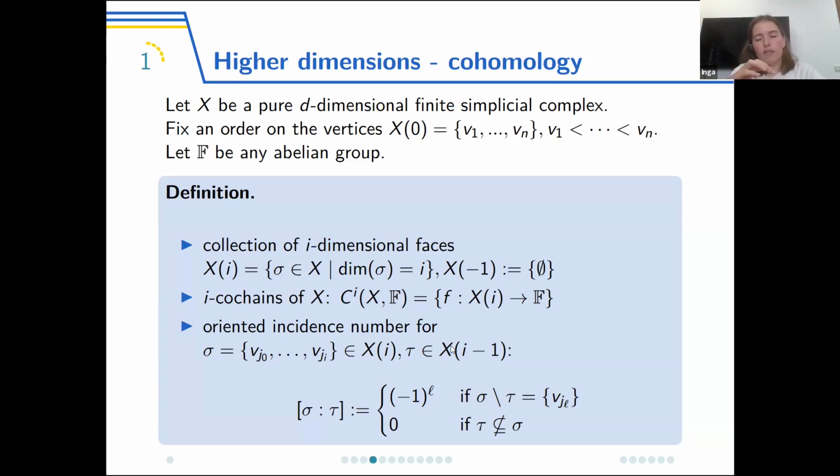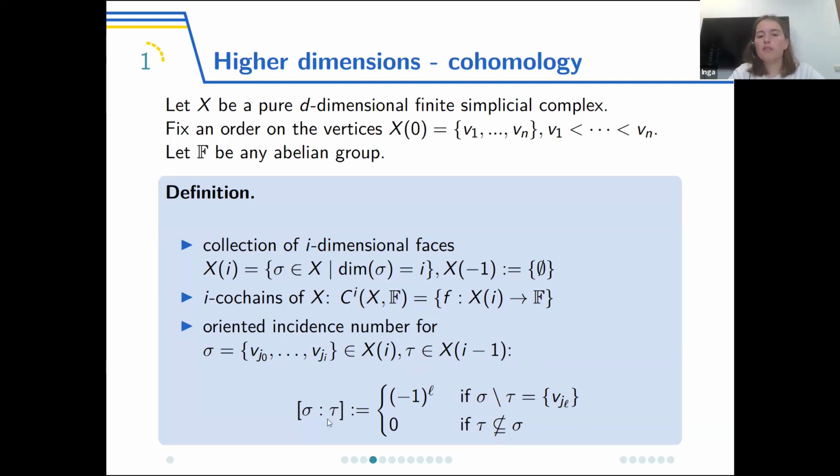To define the map delta, similar to what we've seen before, I need to introduce this oriented incidence number. If I'm given one i-dimensional simplex sigma and another simplex tau of dimension 1 less than sigma, one thing that can happen is that tau is, of course, not contained in sigma at all.